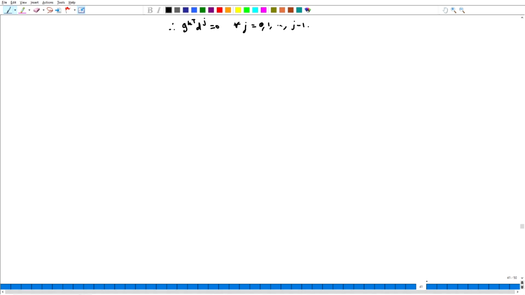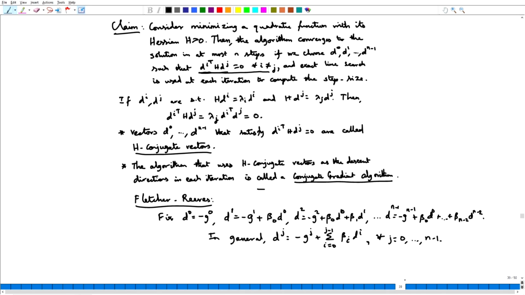The other thing that you have to note is from here. Note that d0 is minus g0 and so on.